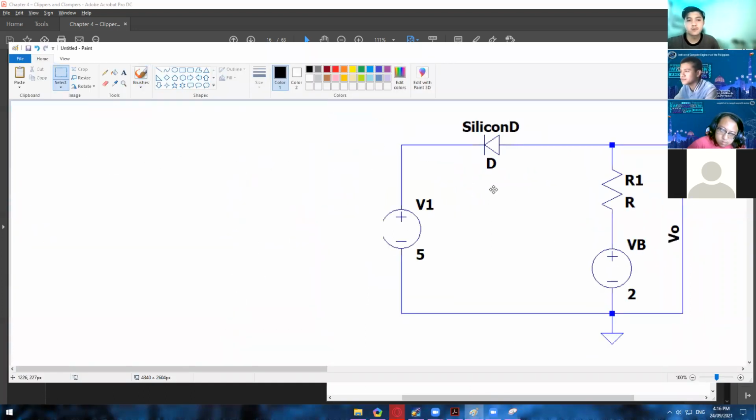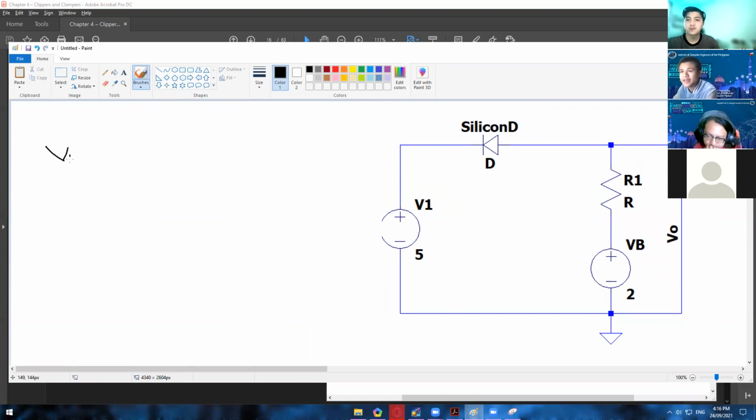Okay, so when VI is, let's say, less than our VB, the formula here will be VB minus VD.